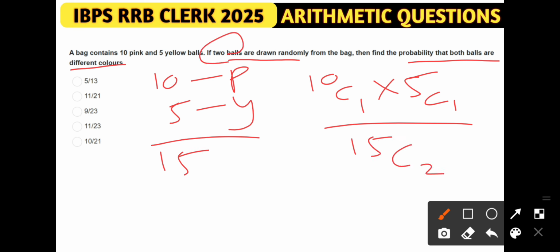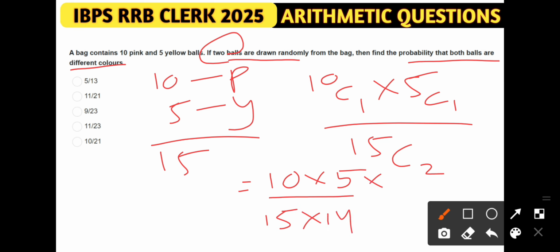So 15 C2 ways. Now elaborating this formula, we have 10 C1, which means 10 by 1, into 5 C1, which means 5 by 1. So it will be 10 into 5 divided by 15 C2, which means 15 into 14 whole divided by 1 into 2.